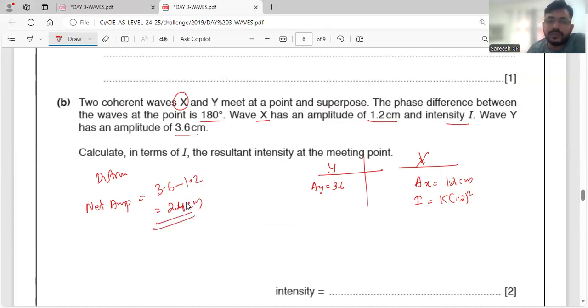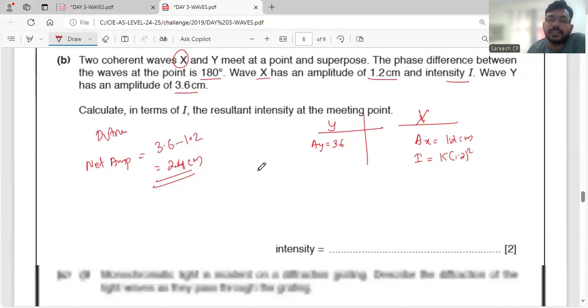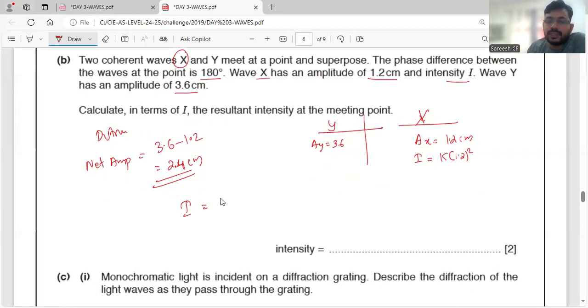Now you need to calculate the intensity. The resultant intensity IR is equal to K times 2.4 all square. And the intensity of X is I, so I is equal to K times 1.2 all square. We need to express it in terms of I, so I divide IR by I. K and K get cancelled.